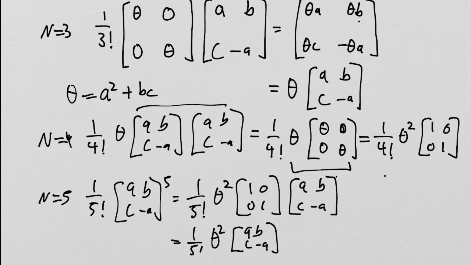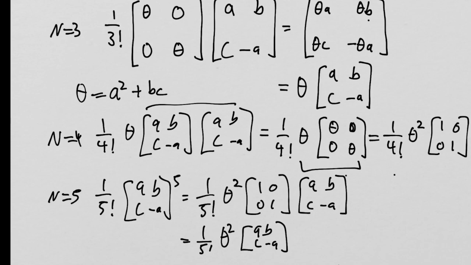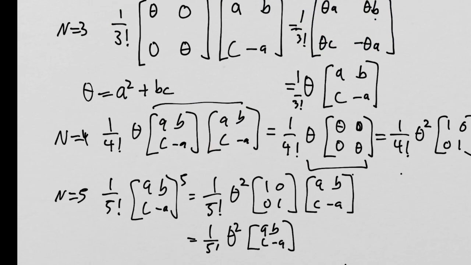So now this brings us back to the n equals 3 term. It's similar to the n equals 3 term, except I'm missing a 1 over 3 factorial here.